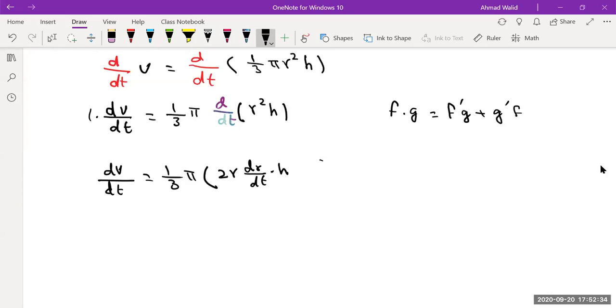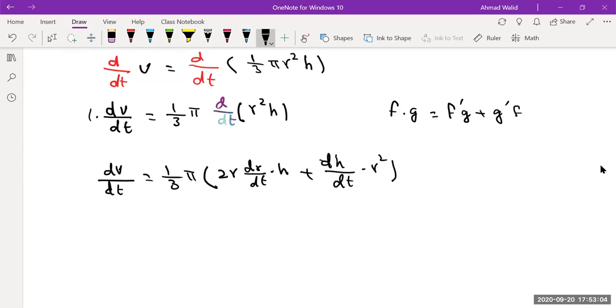Then the derivative of the first, which is 2r dr dt, times the second, h, plus the derivative of the second, dh dt, times the first, r squared. If you multiply 1/3 pi to all of them, it's the same, or you can keep it outside like that. I'm not going to solve this example to the end.